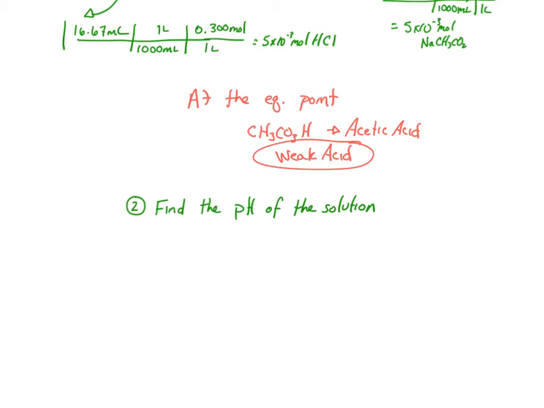In this example, we have acetic acid, which is a weak acid. So I have CH3CO2H in solution, that's with water, which forms an equilibrium reaction, and we find the pH of the solution with an ice table.